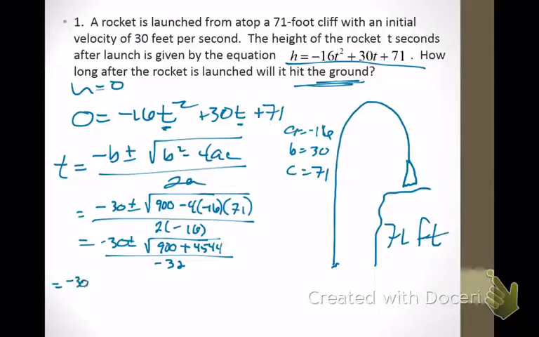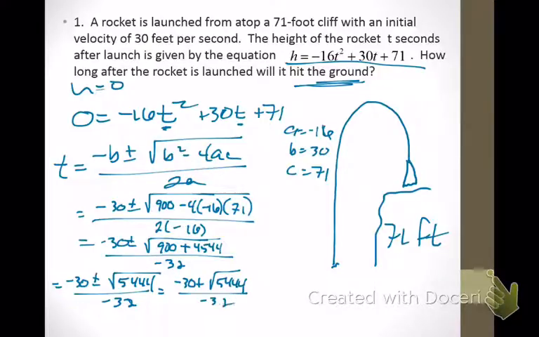We're going to go negative 30 plus or minus the square root of 5,444 all over negative 32. And you've got to find a way in your calculator to calculate out what negative 30 plus the square root of 5,444 is, all over negative 32.